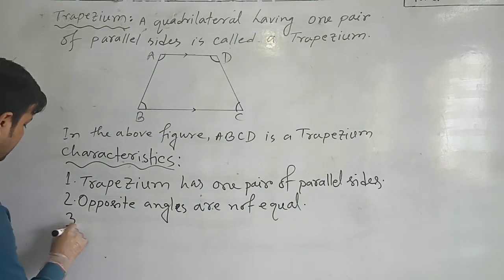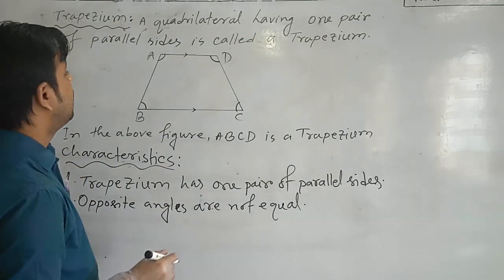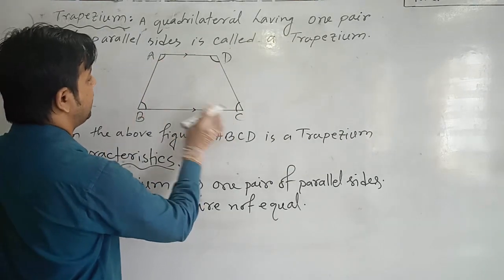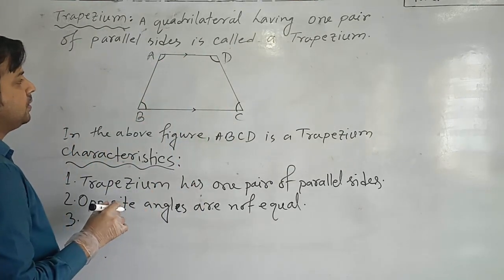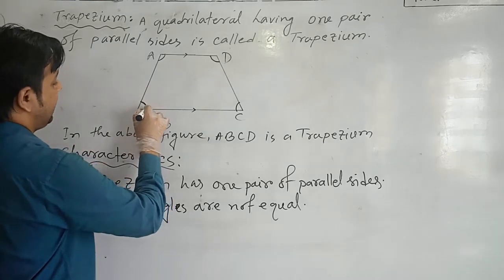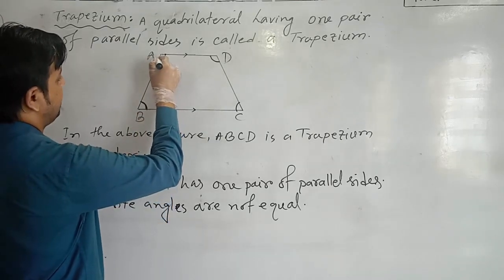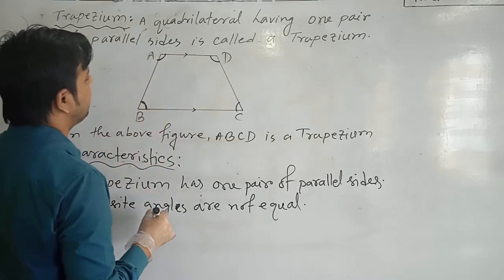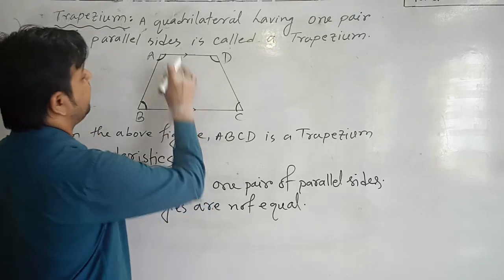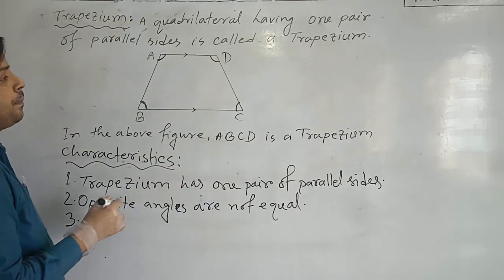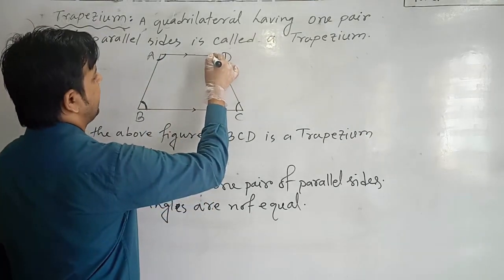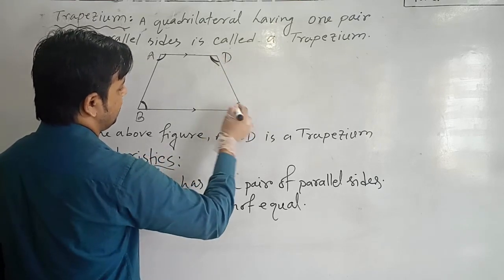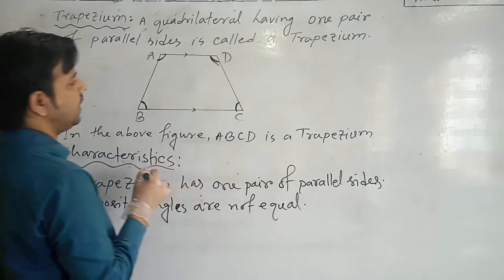Now the next property is, here AD and BC are parallel. Now angle A and angle B, angle D and angle C, these angles are consecutive angles between the parallel lines.